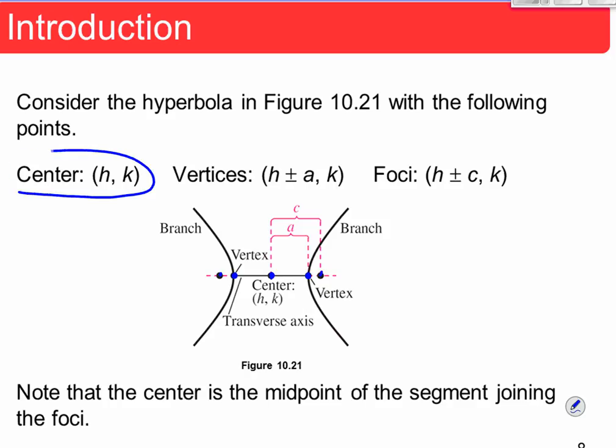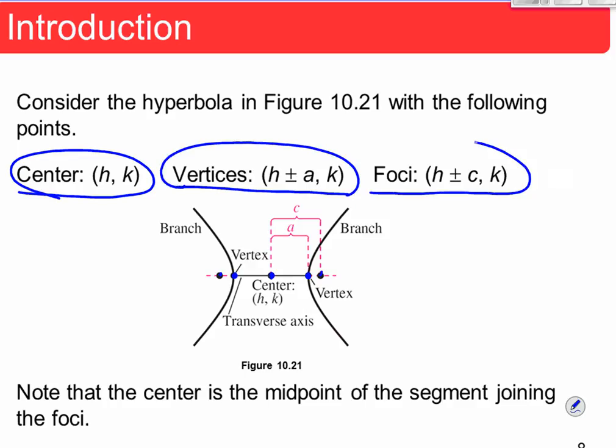The center again is H comma K. The vertices are at H plus A comma K and H minus A comma K. And then the foci are at H plus C comma K and H minus C comma K. So once we get those, when we're sketching our hyperbola, we're really just going to have the center, the two foci, and the two vertices, and then we're just going to draw it out from there as we go.